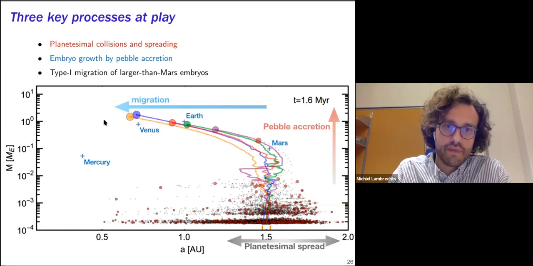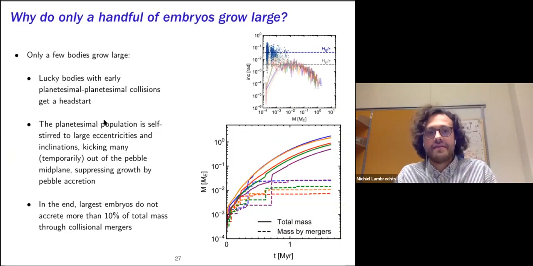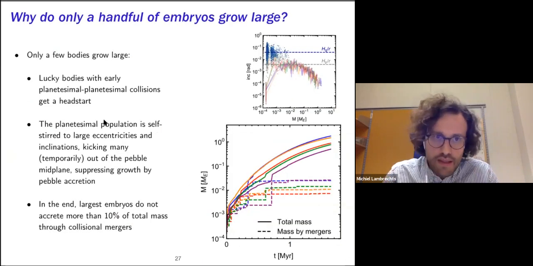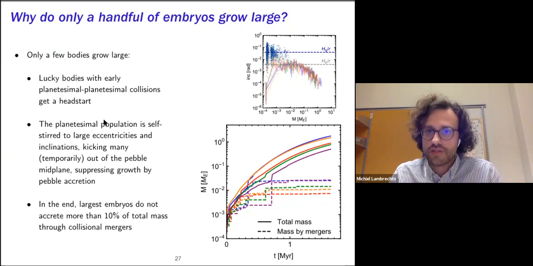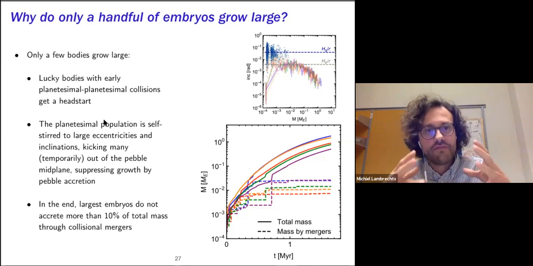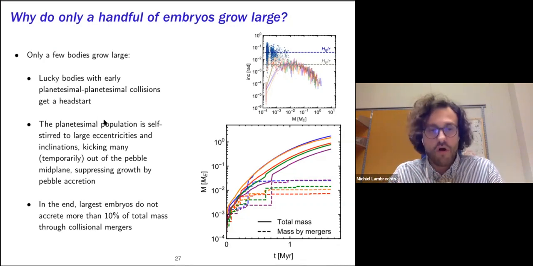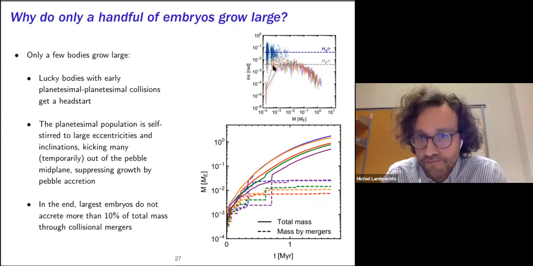All right. Why is that? It's not so trivial, and it has to do with the fact that only a few bodies grow large. There is not so much competition, because initially only a few lucky bodies undergo a few collisions and maintain orbits with low inclinations, which continuously keep them inside the pebble midplane.